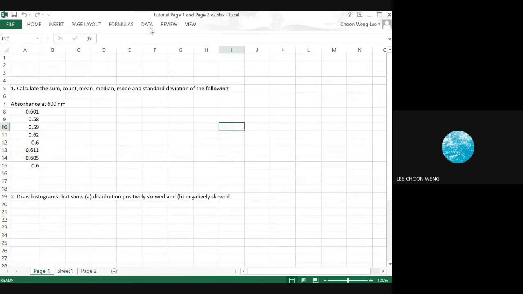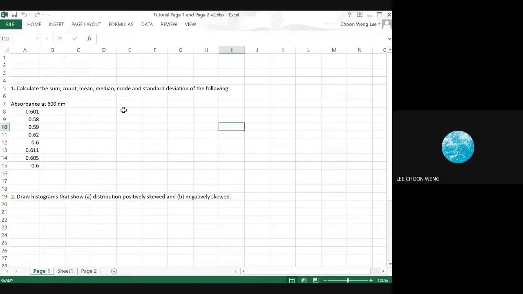So once you have the analysis tool pack, you can do simple analysis. When we have data, as a scientist, you are encouraged to collect data in replicates, not just once, but a few times.